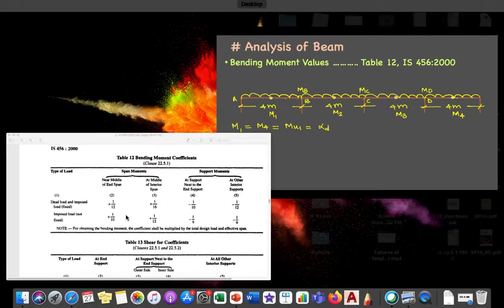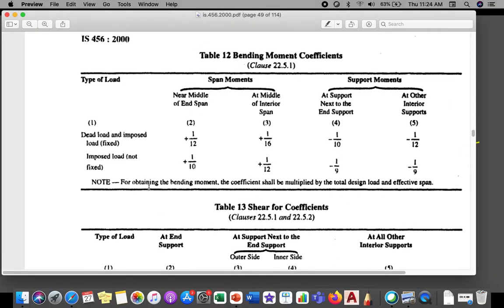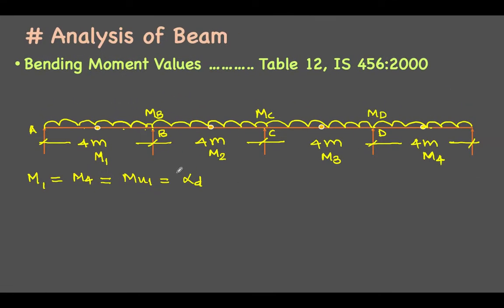For obtaining the bending moment, the coefficient shall be multiplied by the total design load and effective span. If I consider WD, or as we have written it, WUD, as the intensity of load, then the total load will be WUD into L.